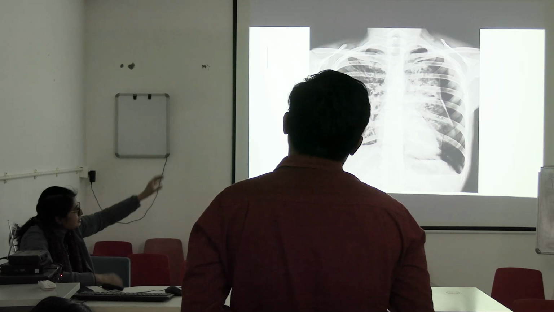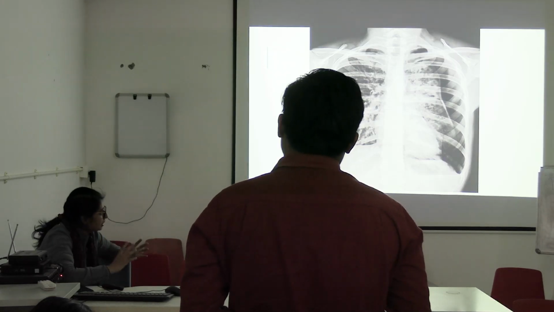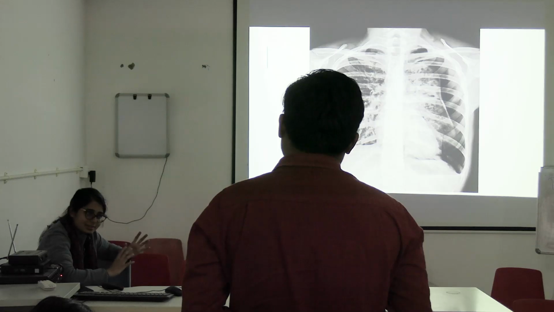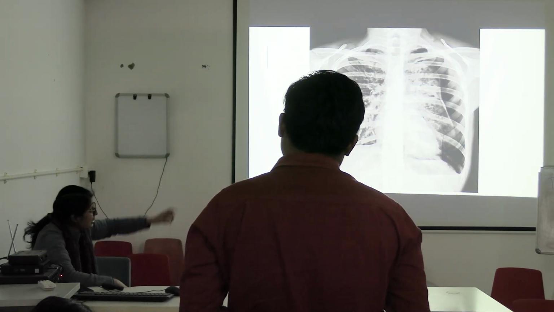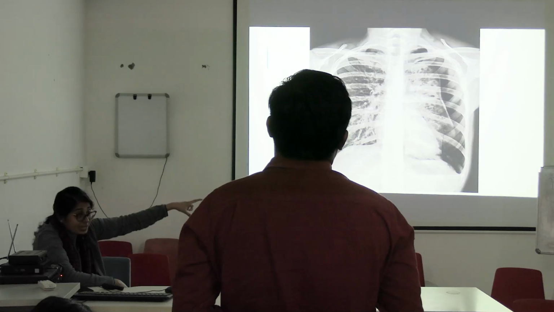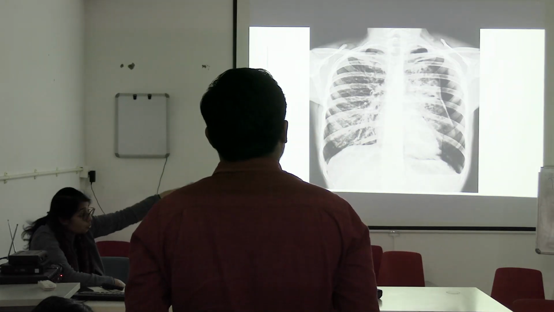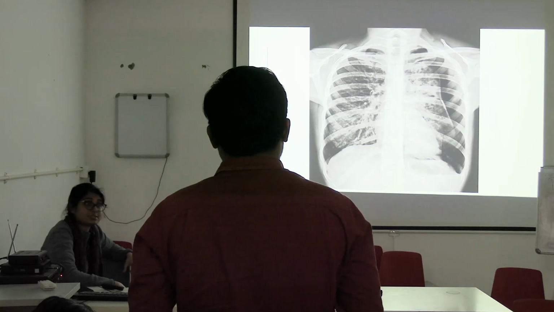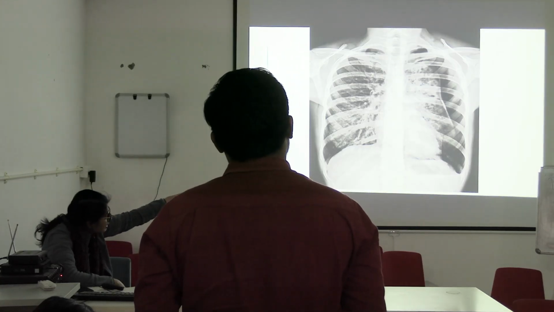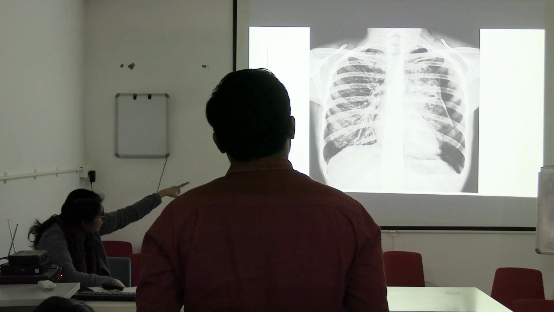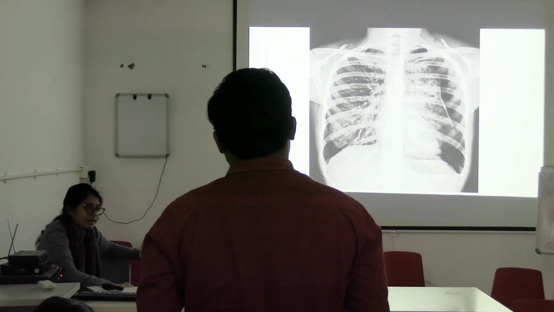We can see there is a hyperlucent area in the left lung field as well as in the right lung field, more in the left lung field, and we can see an opaque shadow with a sharp margin denoting the collapsed lung on the left side, as well as on the right side I am able to see lung with air, a hyperlucent area in the right costophrenic area.